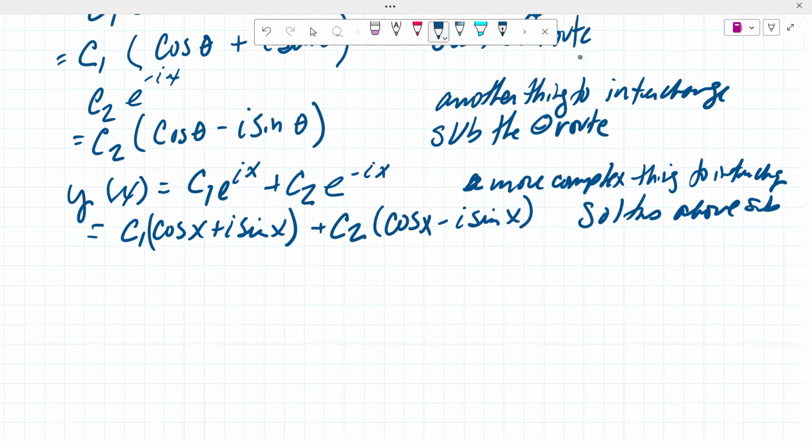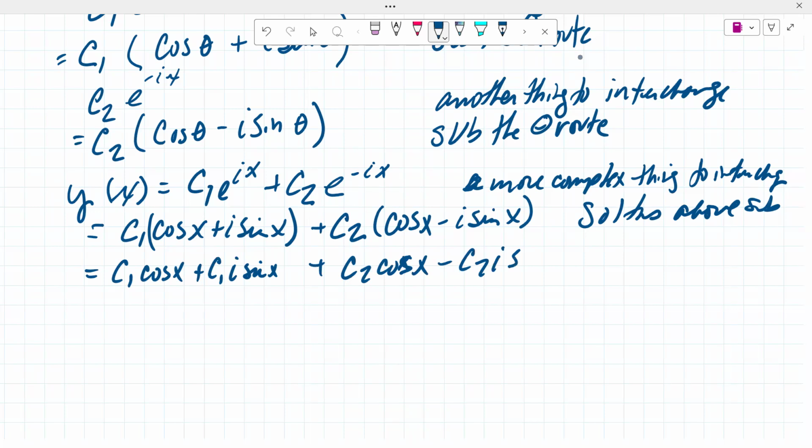So now we're going to do a distribution. We have equals C1 cosine x plus C1 i sine x plus C2 cosine x minus C2 i sine x. That looks messy, so let's distribute.